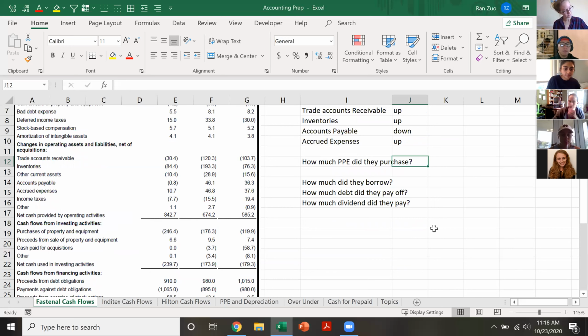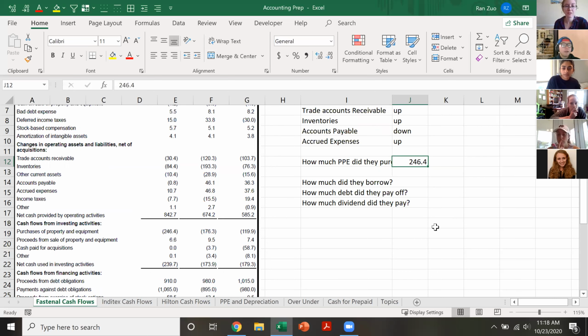How much PP&E did they purchase in 2019? First of all, what section would that fall under? Would that be purchases of property and equipment? Yep. And how much is that? That is negative $246.40. Yes, very good.